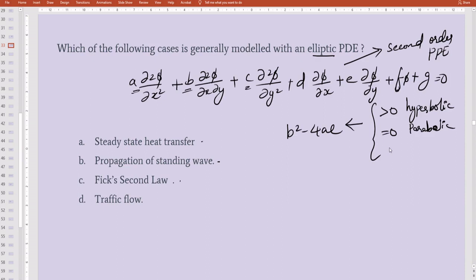The third scenario is b square minus 4ac less than 0. In such cases it is known as an elliptic PDE.